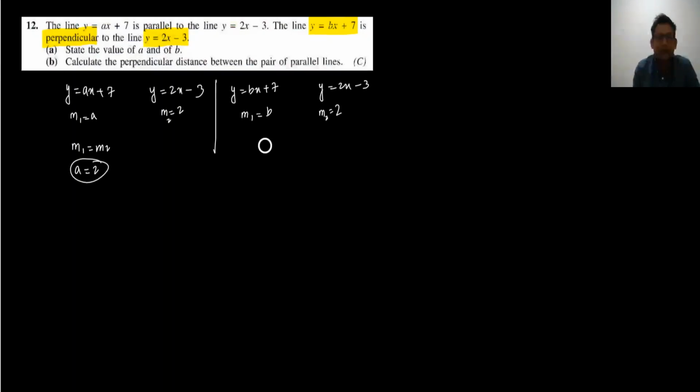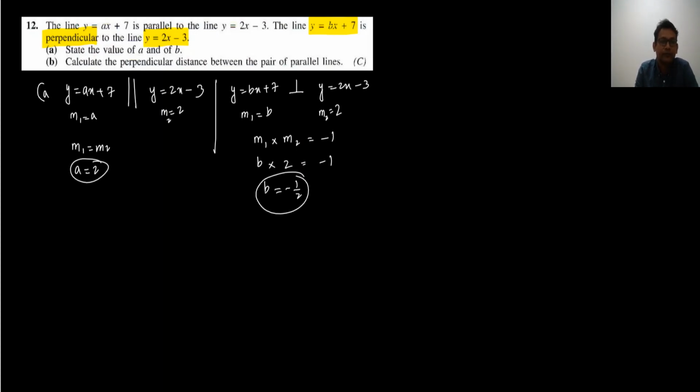When the lines are perpendicular, m1 multiplied by m2 equals minus 1. m1 is b multiplied by m2 equals minus 1. So the value of b is minus 1 upon 2. And we got the values of a and b, which is the first part.